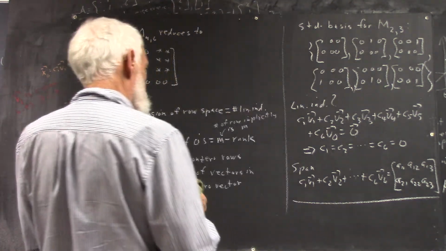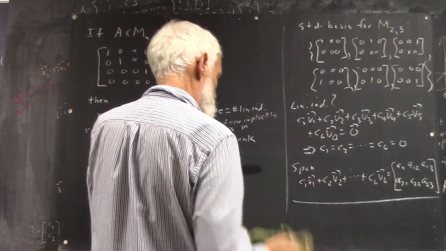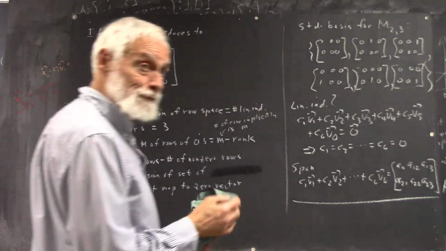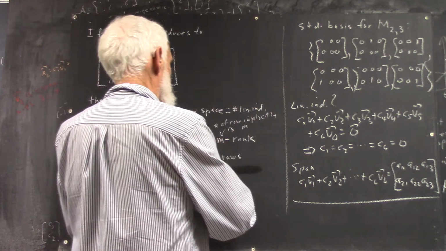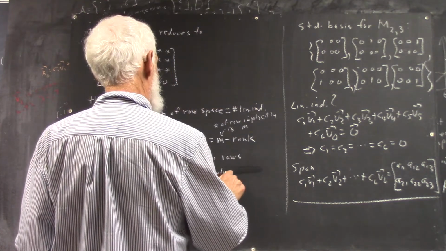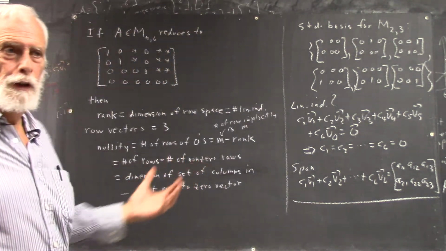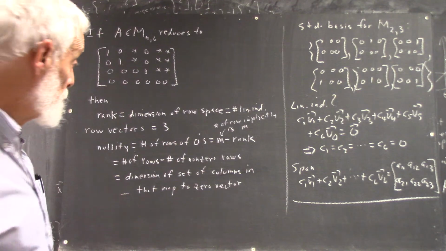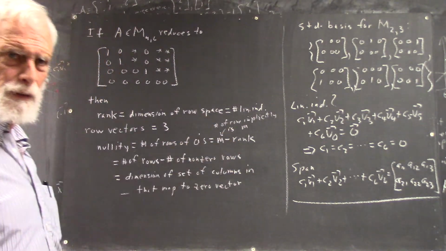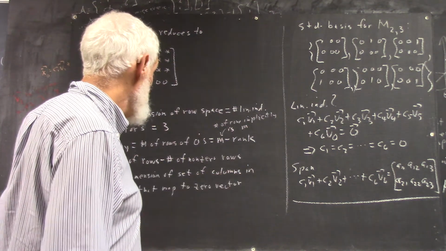And I'm going to change my wording a little bit. Instead of vectors, I'm going to say column vectors. Okay? Because I'm thinking in terms of linear transformations, and we haven't talked that much about them, and the language I just used is more appropriate to that. Okay? Now, a set of columns in what space?